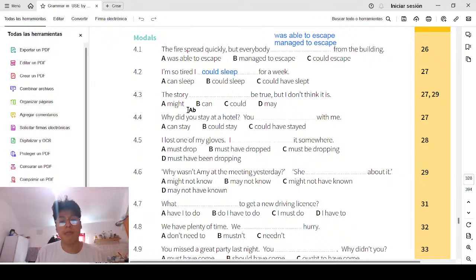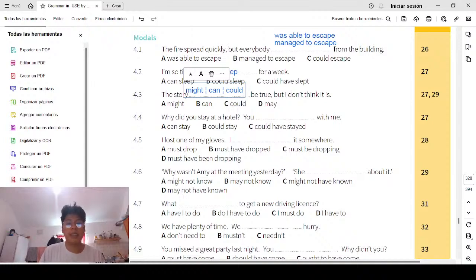Okay, so: the story might be true, or the story can be true, or the story could be true, or the story may be true. In this sentence we have three answers: might, can, and could. So the story could be true, can be true, might be true, but I don't think it is.